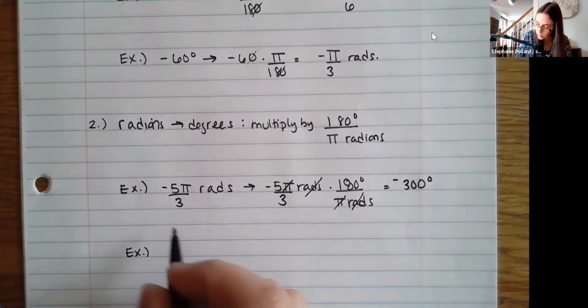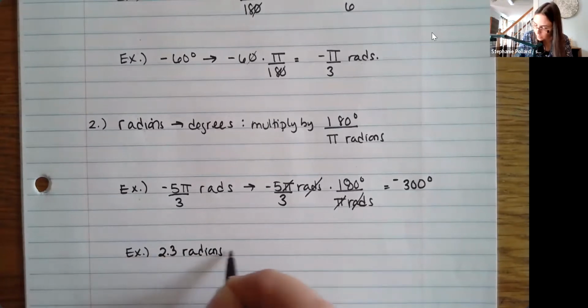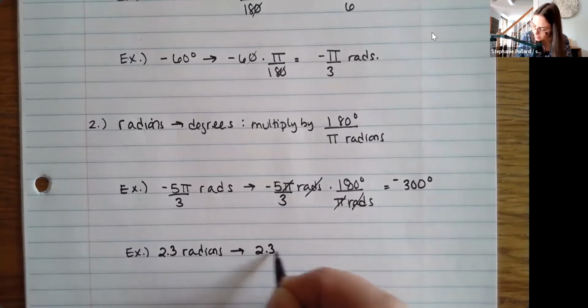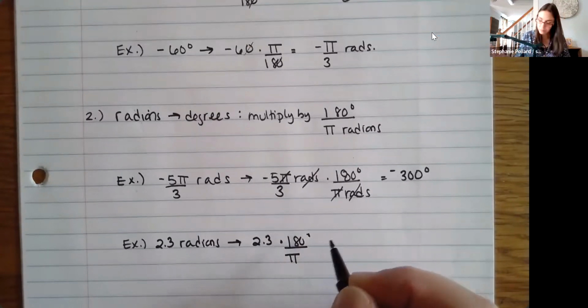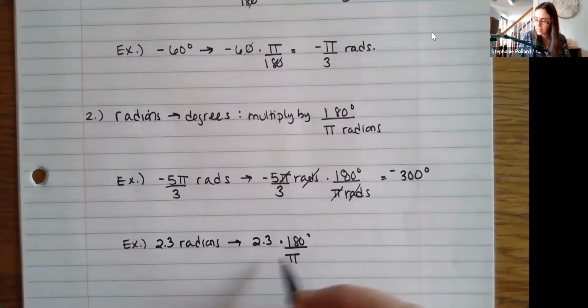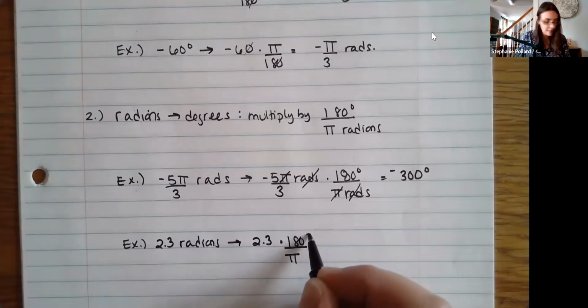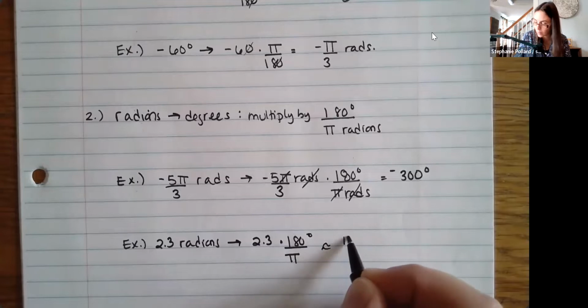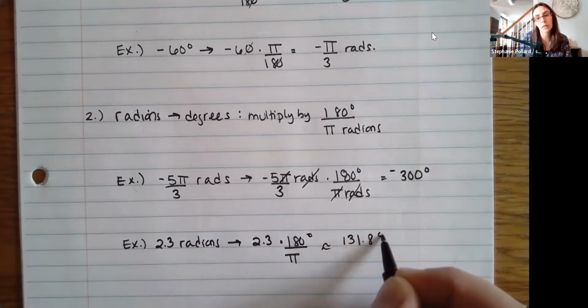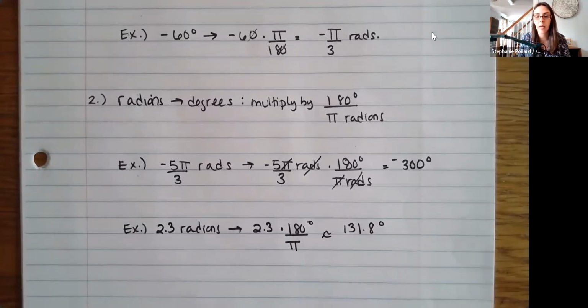Let's say I have something like 2.3 radians. I just take that 2.3, multiply it by 180 degrees and divide it by pi. Now here, I don't have any pi's to cancel, so I'm going to get probably kind of a messy answer, and I would just use my calculator, and I get about 131.8 degrees. So we can convert over.